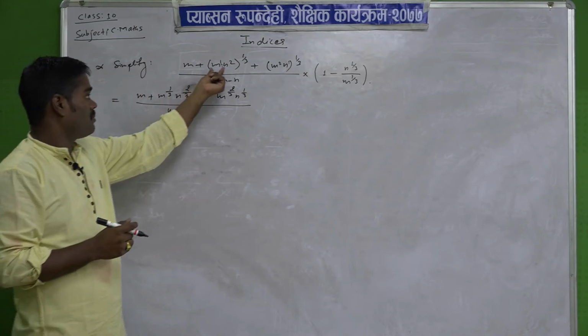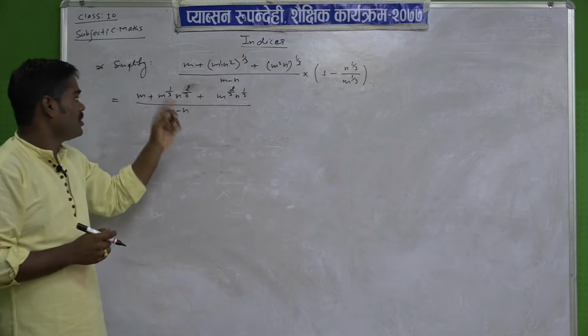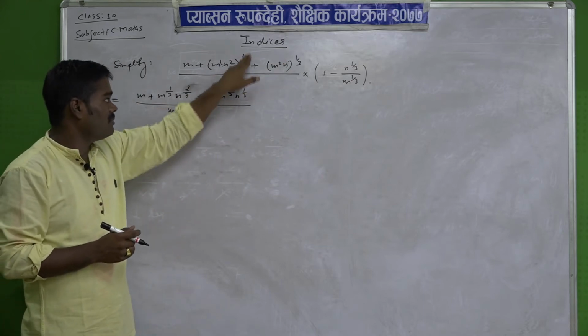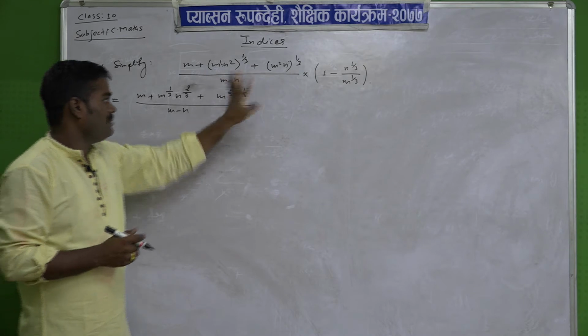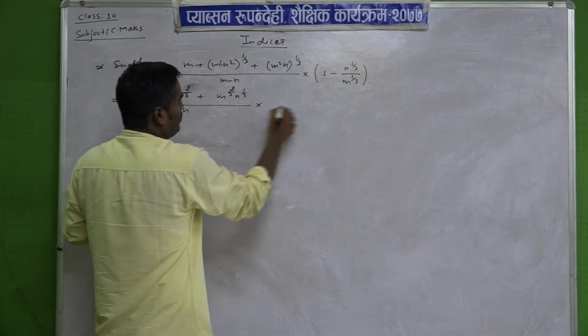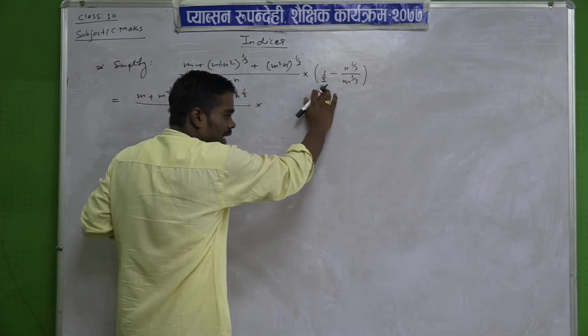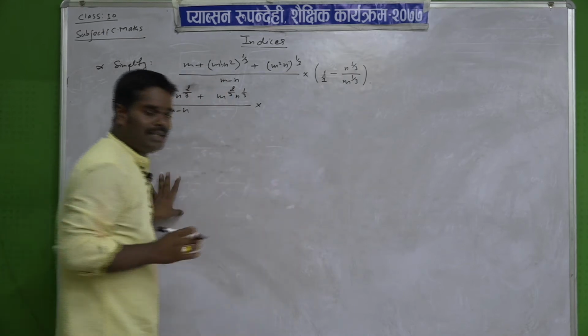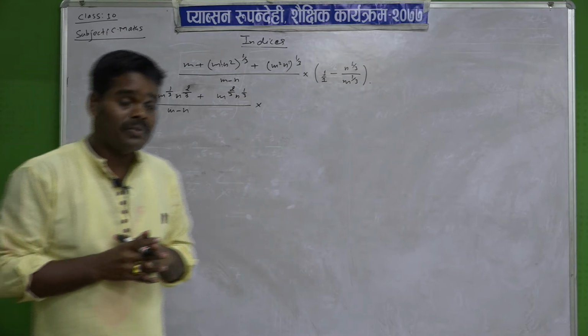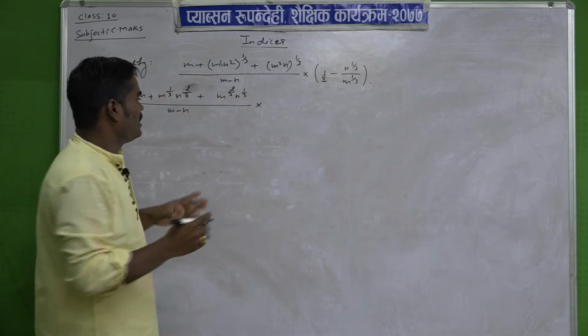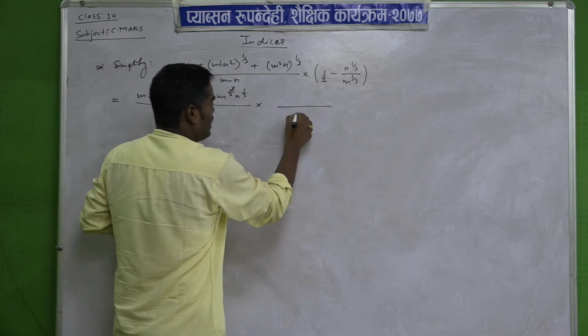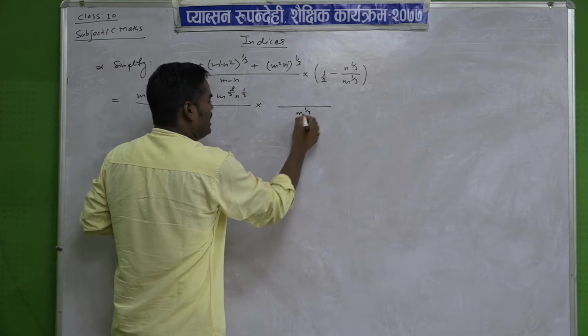If power over power, then they are multiplied. So you have to multiply each of the power by 1 by 3, likewise, and then here in the denominator is 1. So we have to take the LCM of 1 and m power 1 by 3. What is the LCM of 1 and m power 1 by 3? LCM will be m power 1 by 3.